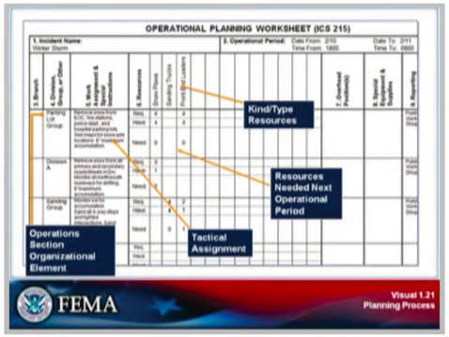It communicates the decisions made during the tactics meeting concerning resource assignments to the resource unit. The resources unit uses the worksheet to complete assignment lists, or ICS 204s, and the logistics section chief uses the worksheet for ordering resources for the incident.